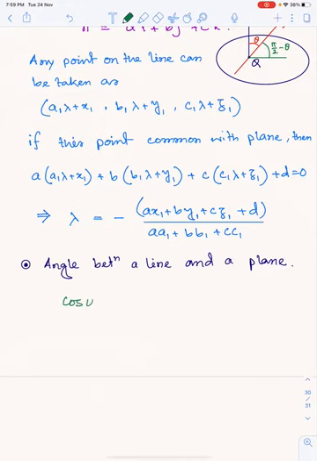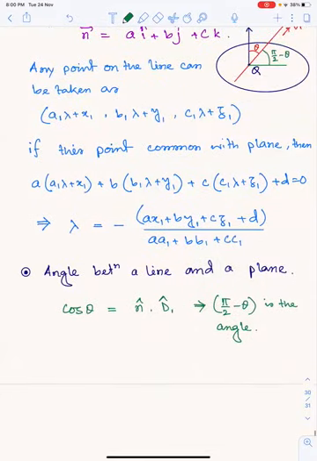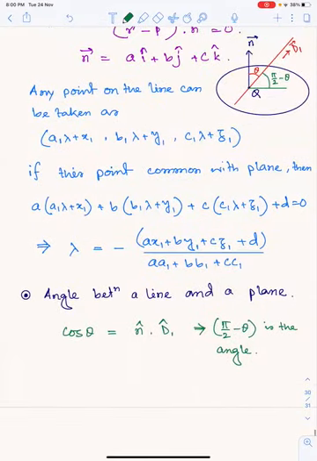Cos theta is n cap dot d1 cap, and from there if I get theta, we will get pi by 2 minus theta as the angle. So we will simply derive cos theta because the directions we have are the n vector and d1 vector, and we can have the angle between the outward normal and the direction of the line by the dot product of corresponding unit vectors as cos theta.